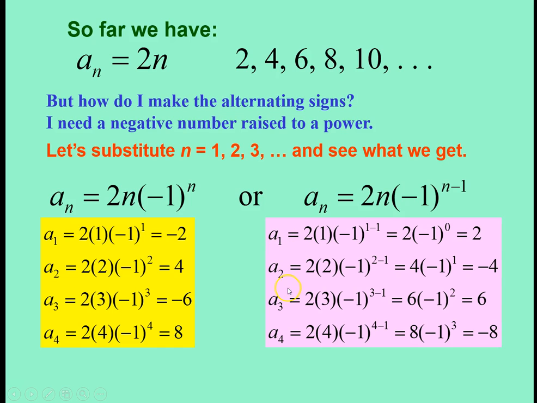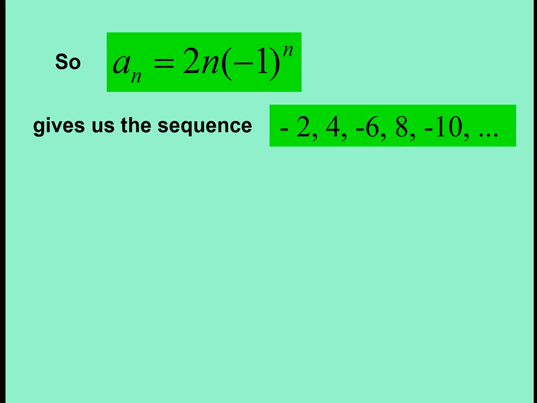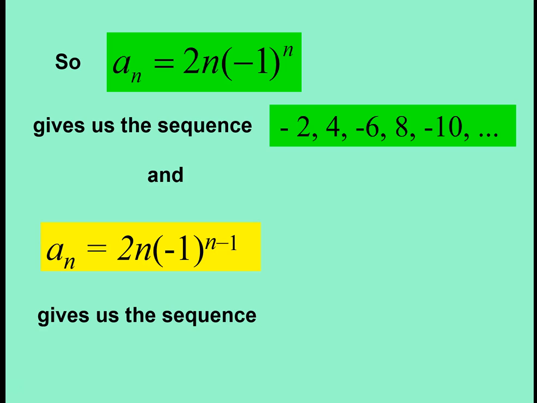An odd term number ends up giving us an even exponent and a positive term. An even term number ends up giving us an odd exponent and a negative term. So a sub n equals 2n times negative 1 to the n gives us this sequence. And a sub n equals 2n times negative 1 to the n minus 1 gives us this sequence.